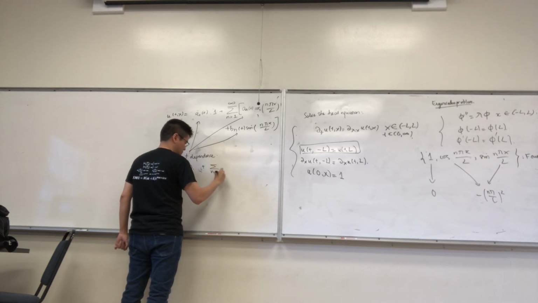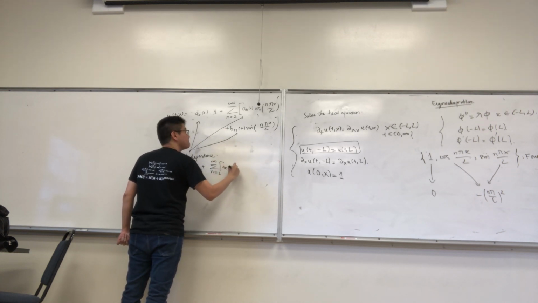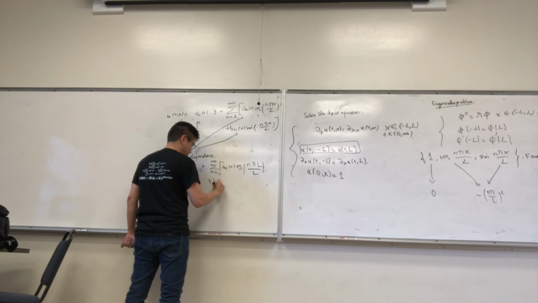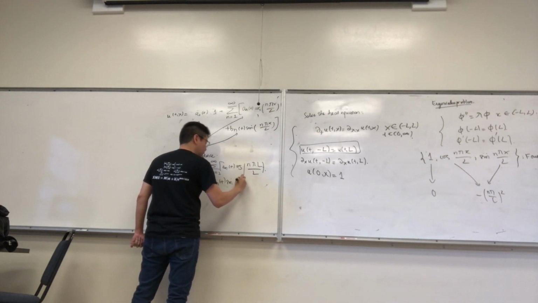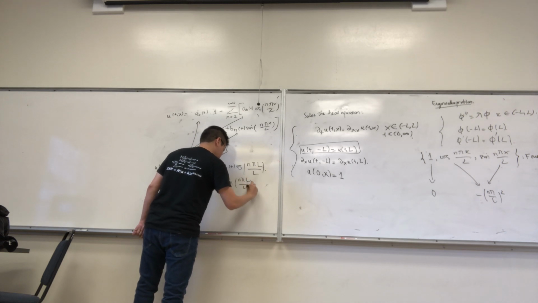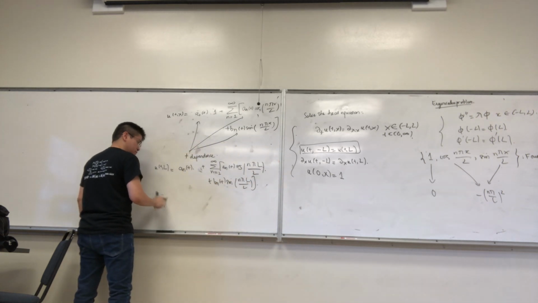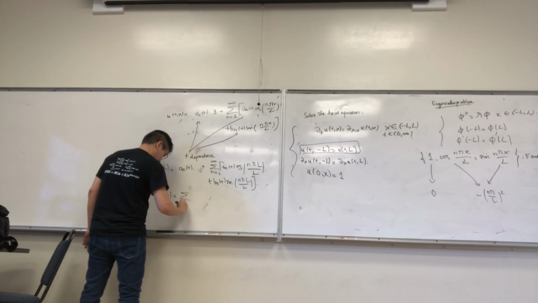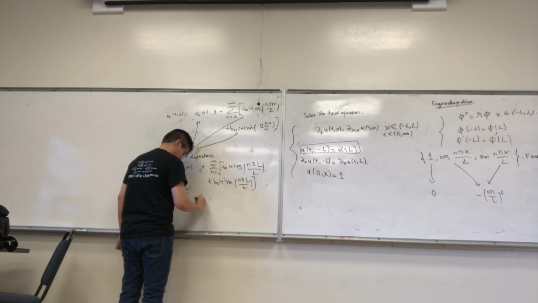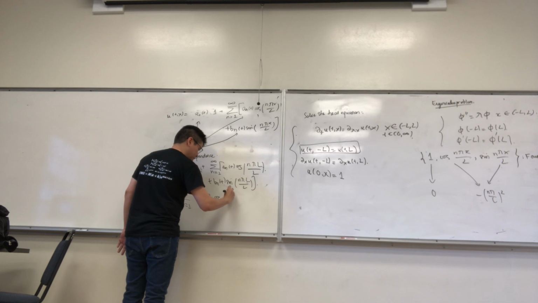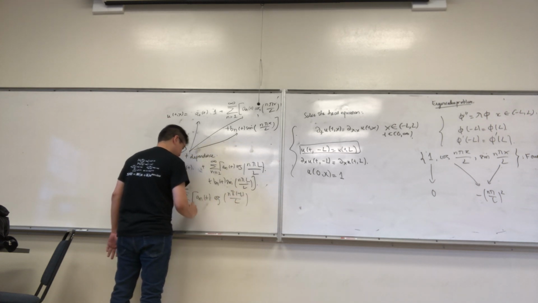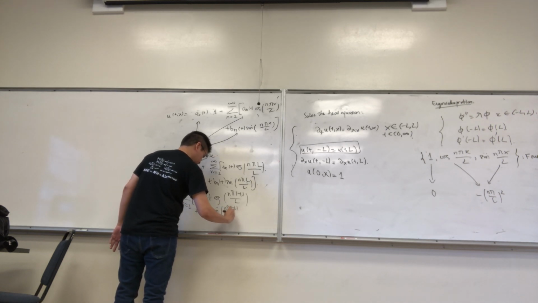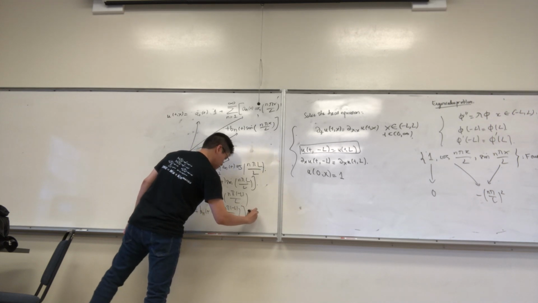So u(t, L) is a0(t) plus the sum of an(t) cosine of n pi L over L plus bn(t) sine of n pi L over L, and this is equal to a0(t) plus the sum of an(t) cosine of n pi times minus L over L plus bn(t) sine of n pi times minus L over L, which is u(t, minus L).